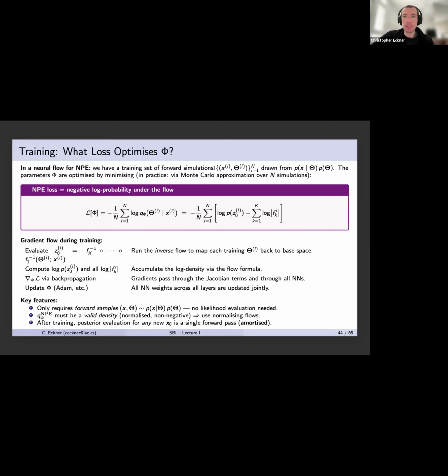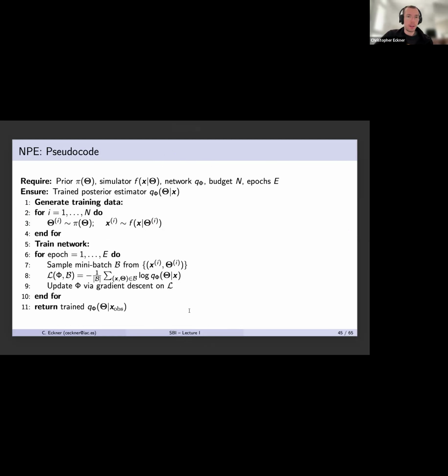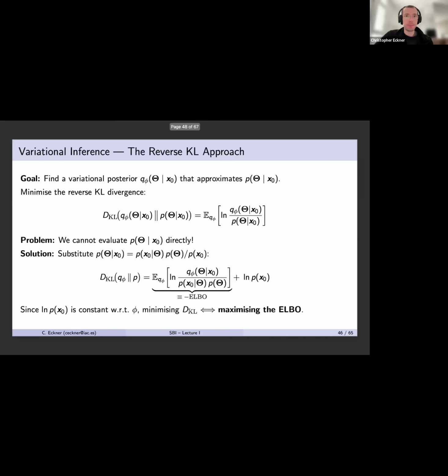Other questions about this particular structure of neural posterior estimation? If not, then it's the same as we had before.